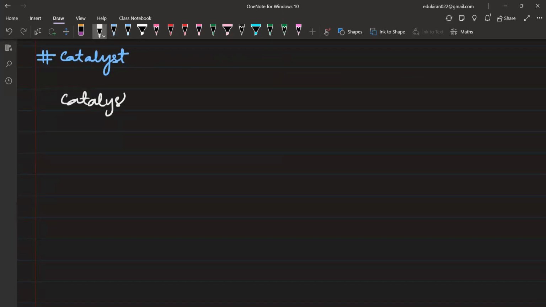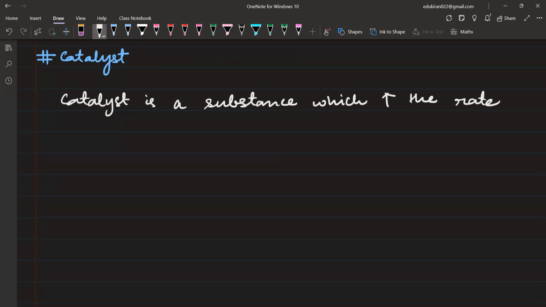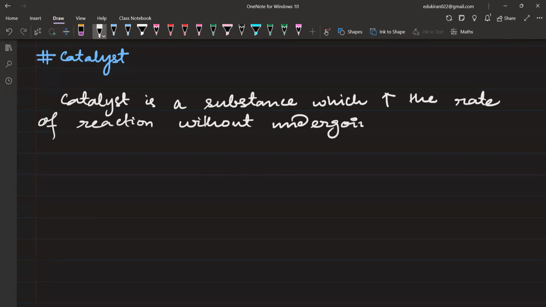Catalyst is a substance which increases the rate of reaction without undergoing permanent change.